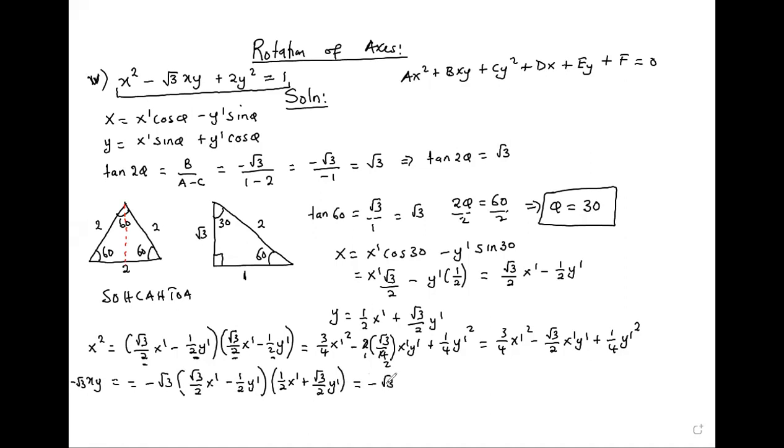So we have negative √3, waiting for the expansion inside, which is √3 over 4 x prime squared, plus 3/4 x prime y prime, and then minus 1/4 y prime x prime, then minus √3 over 4 y prime squared. Then we distribute this one now.